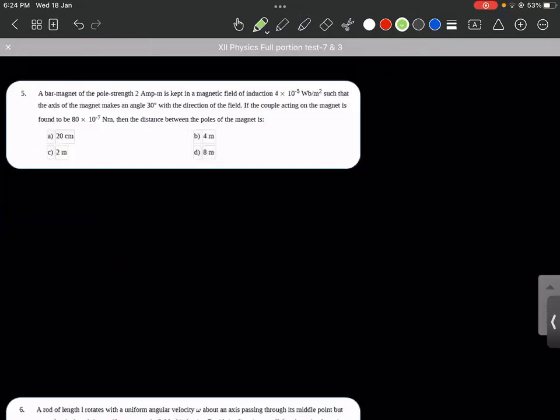Fifth one. A bar magnet of pole strength 2 ampere meter is kept in a magnetic field of induction 4 into 10 power minus 5 Weber per meter square, which can also be Tesla. So pole strength Qm is equal to 2.